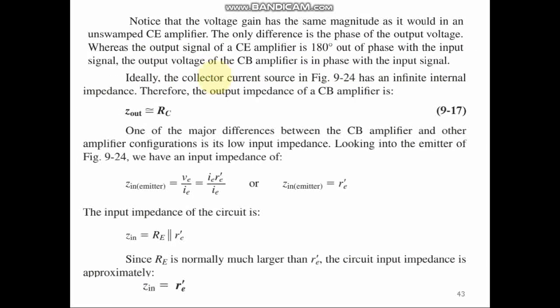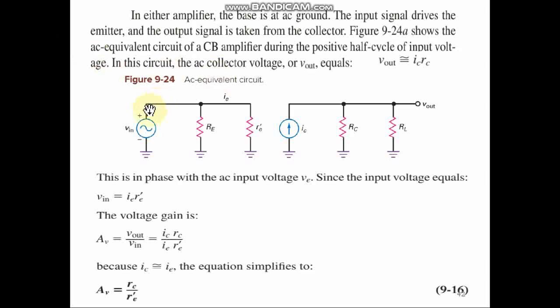So if the source resistance RG, which is not shown here, is not very small compared to 25 ohm, then the majority of the signal will be lost across the source.